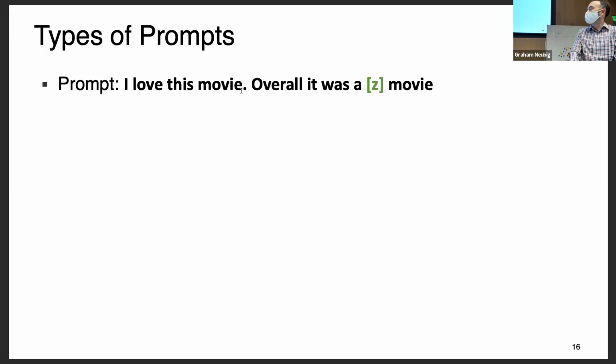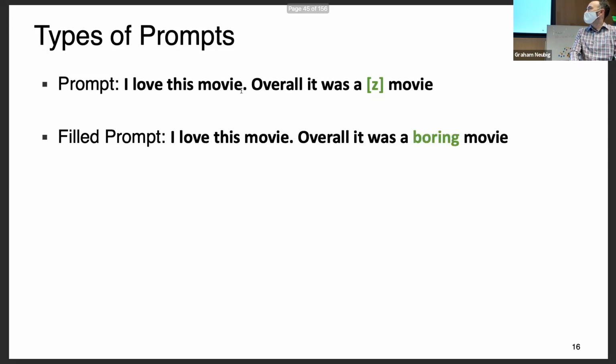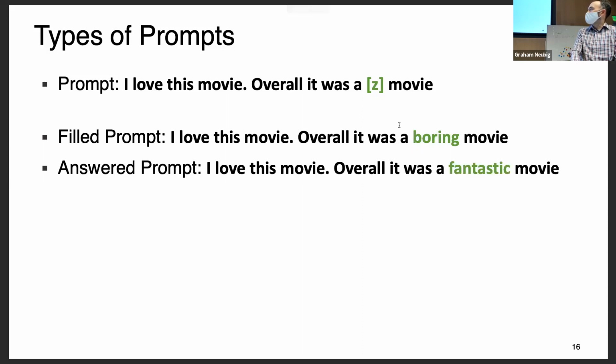This is the prompt that we provide to the language model. We also have filled prompts, which are prompts where we predicted Z, and answered prompts where we have provided Z with a correct answer. The reason why we define this separately is because these can be used to teach the model in a more effective way what it should be doing, by providing it some examples of correct answered prompts.